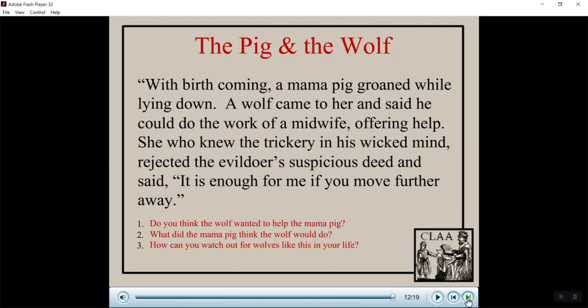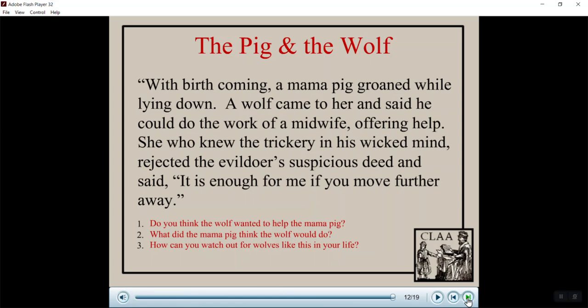She, who knew the trickery in his wicked mind, rejected the evildoer's suspicious deed and said, "It is enough for me if you move further away." The fable of the pig and the wolf.